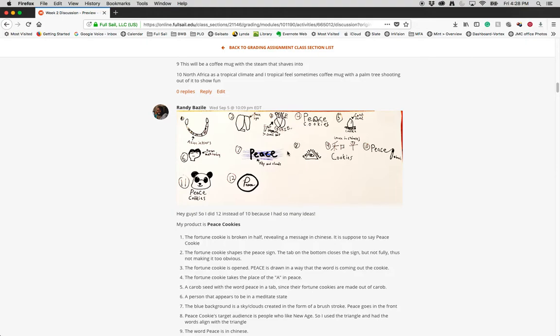And keep your type separate from the icon. The all-seeing eye and the pyramid, there's something there that you could work on. Person meditating, perhaps, if you pull that together more like an icon. But when you struggle to put the words and the cookie together, steer away from that. So I think you have some possibilities there.